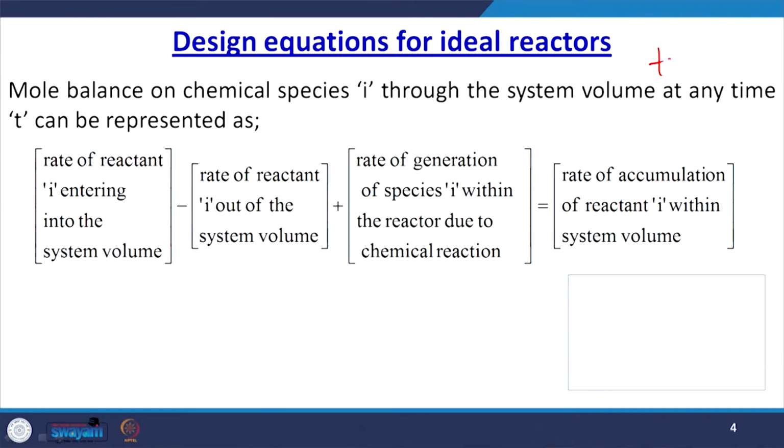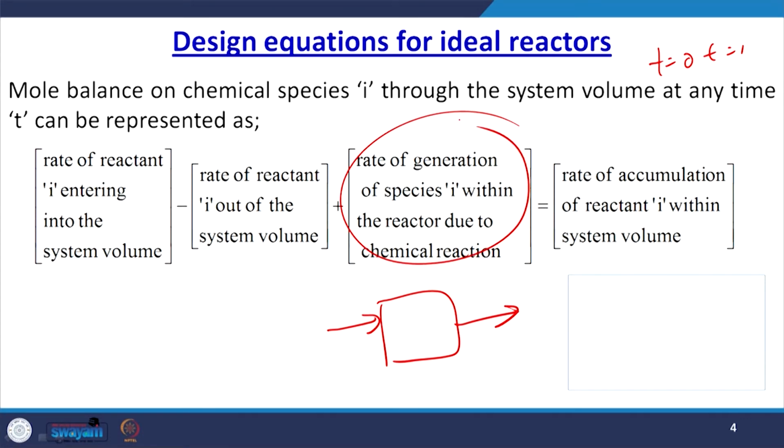Now the mole balance equation can be developed with respect to the chemical species through the system volume, from time t equal to 0 to t. So the rate of reactant I entering the system volume minus the rate of reactant I leaving the system volume, plus the rate of generation of species I within the reactor due to the chemical reaction, is equal to the rate of accumulation of reactant I within the system volume.